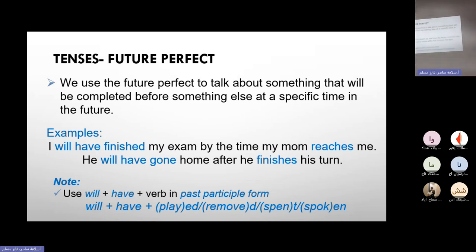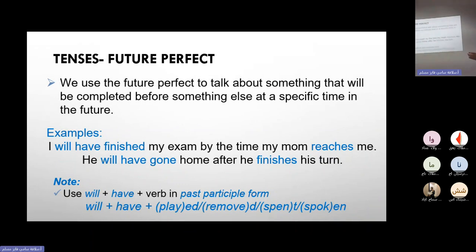Example, come on Fatima. I will have finished. Future, will; perfect, have finished. Okay? The second. He will have gone home.